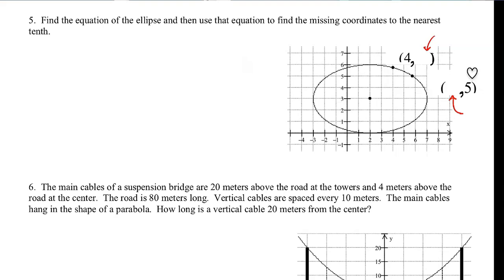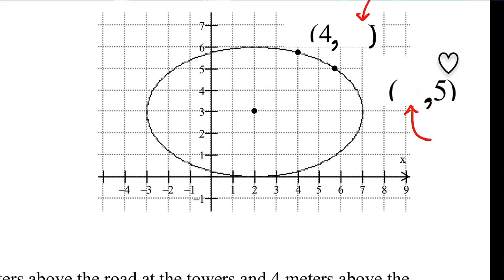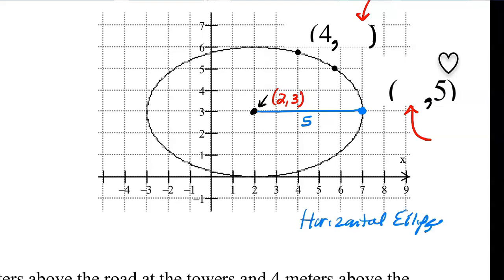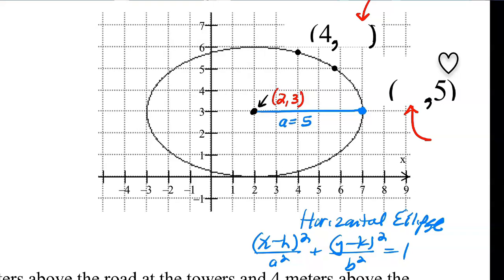So let's write the equation of this ellipse. First thing to note is where the center is. The center is 2, 3. And then the next thing to note is this length is 1, 2, 3, 4, 5. Since this is a horizontal ellipse, the standard form would look like this. So the major axis would be horizontal, making the a value 5.